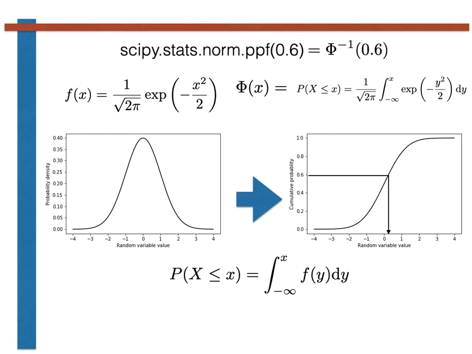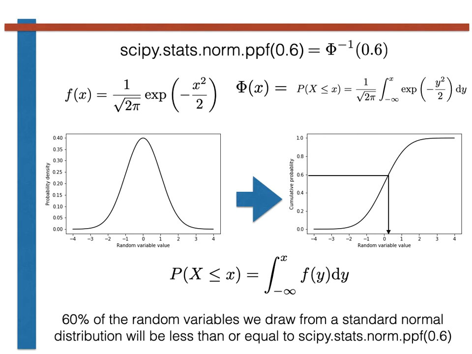SciPy stats norm ppf, in terms of confidence limits, thus allows us to say that 60% of the random variables we draw from a standard normal distribution will be less than or equal to SciPy stats norm ppf 0.6. In other words, this serves the same purpose as the NP percentiles function that we have used in previous exercises.